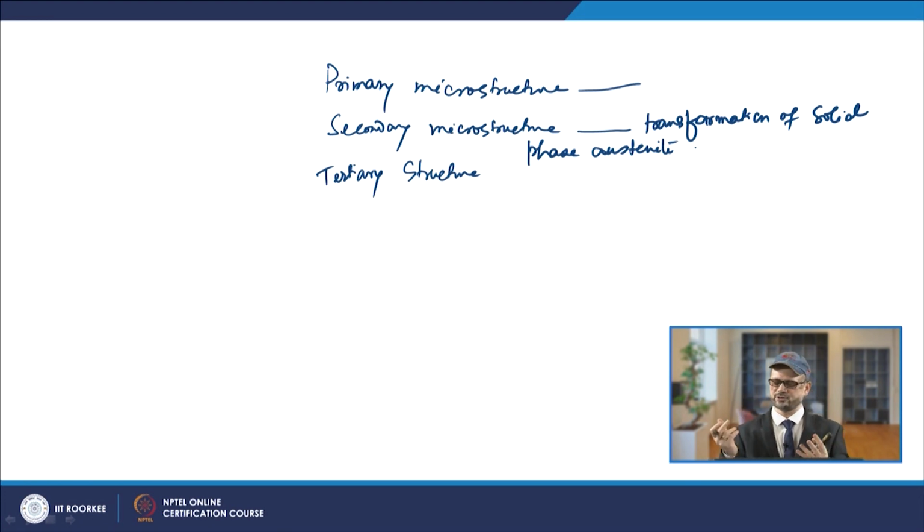Different solid phases may be like pearlite, bainite, martensite. Then you have grain boundary ferrite, you have ferrite side plates and all that. So, the transformation of this solid phase austenite into all these different constituents is the secondary microstructure. And basically you will have different degrees of fineness, and that will be affecting the mechanical properties of the material.